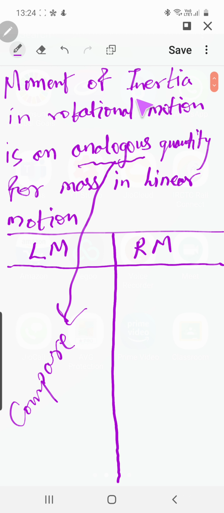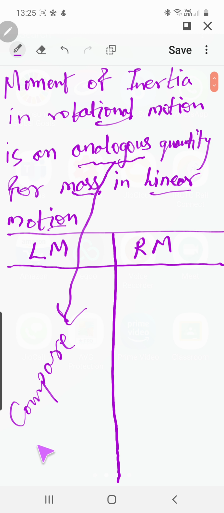Whatever we have learned about moment of inertia in rotational motion is actually similar to mass in linear motion.